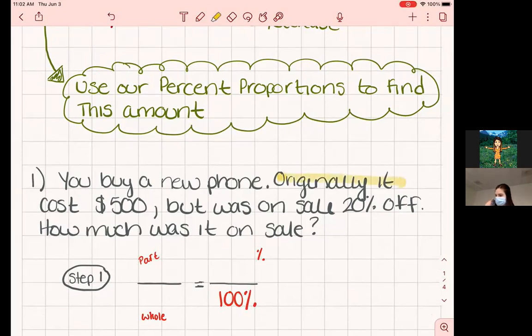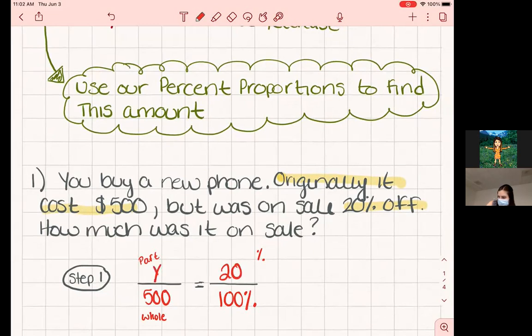It says originally cost 500 and 20% off. So what's that 500 going to be? Well, the 500 is the original amount. So 500 is your whole and 20% is the percent. So that's going to go here. And we are trying to figure out what the part is.